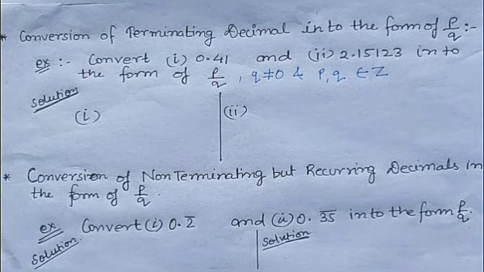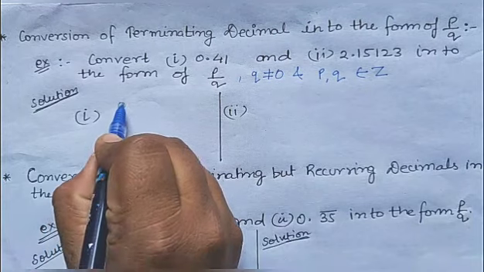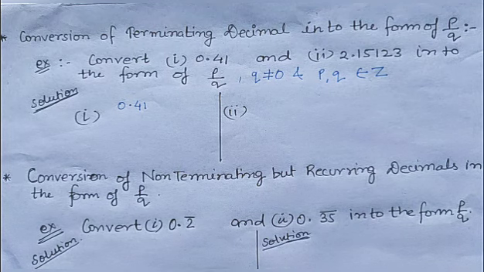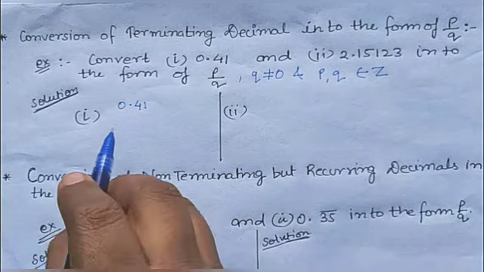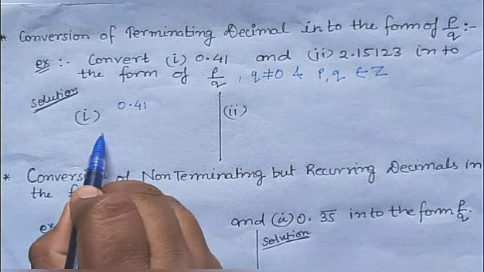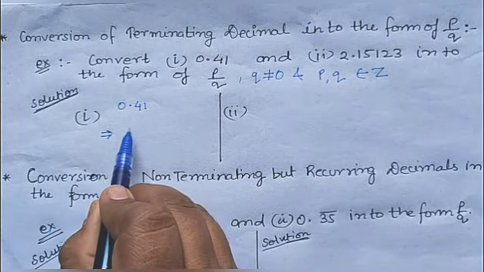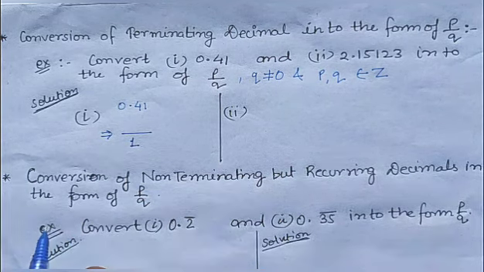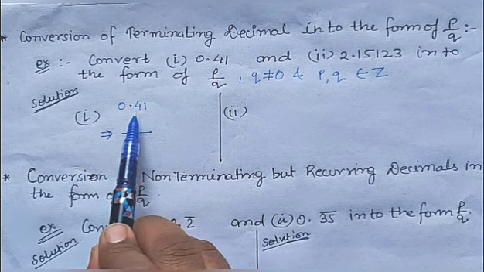Okay, now see the first part, that is 0.41. If we want to change this 0.41, that is this terminating decimal, into the form of p by q, simply we have to write it like this. At the place of the point you should write 1, and after that you will count how many numbers are there.